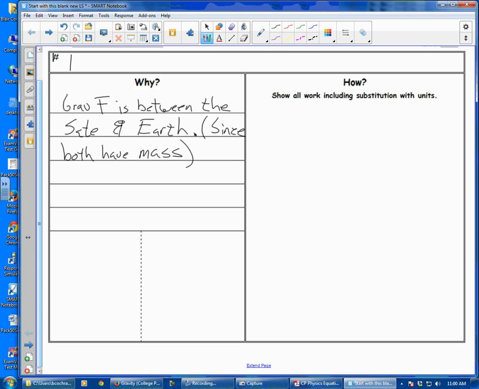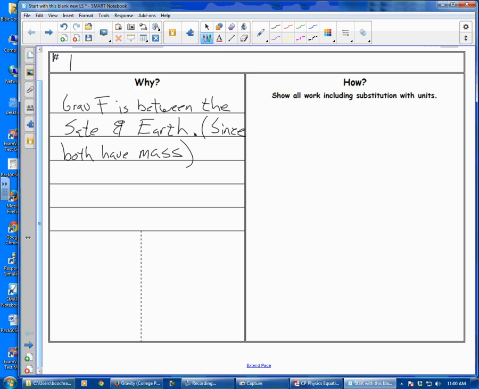When those two fields interact, there's a force. So to have a force, you have to have two things that have mass, creating gravitational fields that interact and create what we call a force. So that's why it's important that both of these have mass.